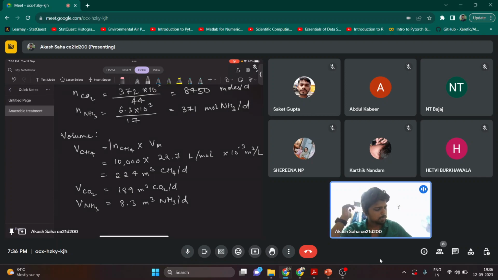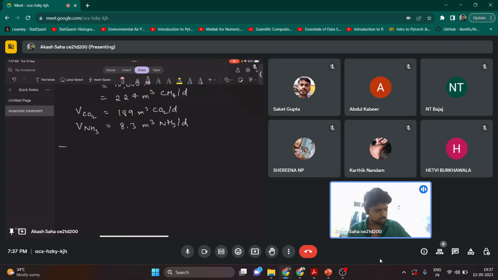So with the help of this equation, I can find the weight of all the gases. Very simple and straightforward. So now the total mass of my biogas. In the biogas, we generally consider the CH4 part plus the CO2 part.